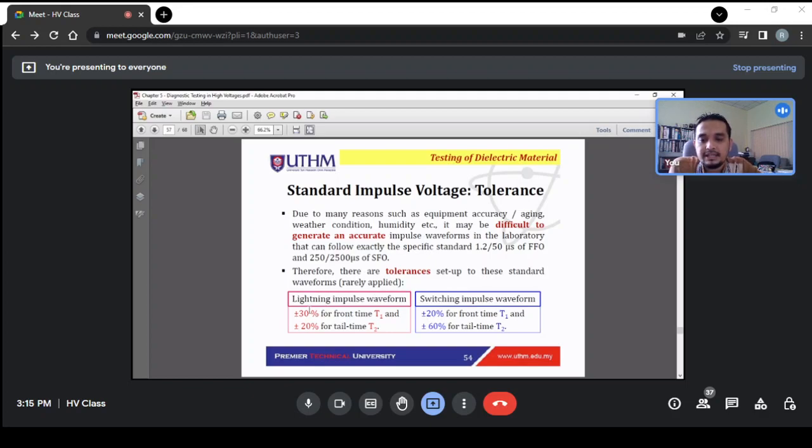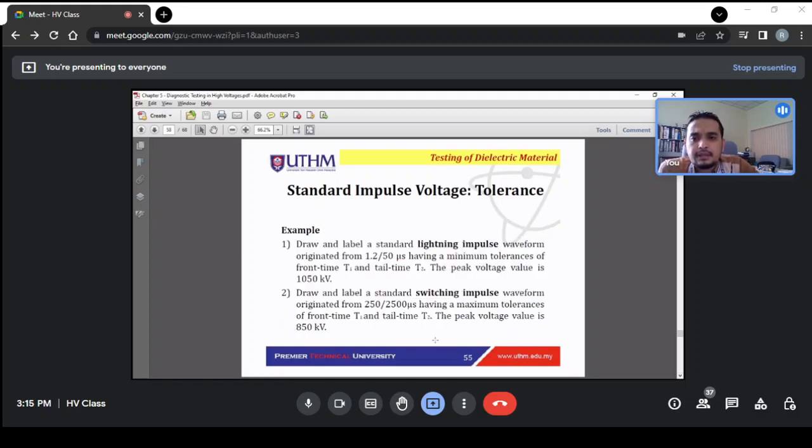For lightning, we allow 30% plus minus for the front time and 20% plus minus for the tail time, T1 and T2. While for the switching impulse, it is 20% and 60% respectively for front time and tail time, T1 and T2. So this is also another difference between switching and lightning.